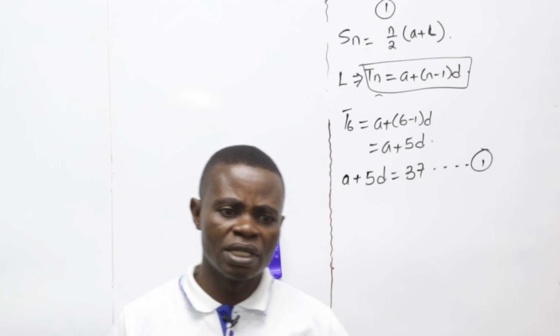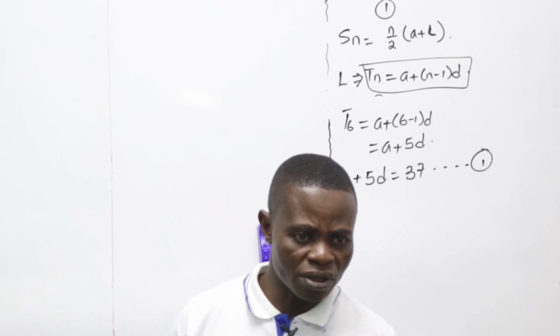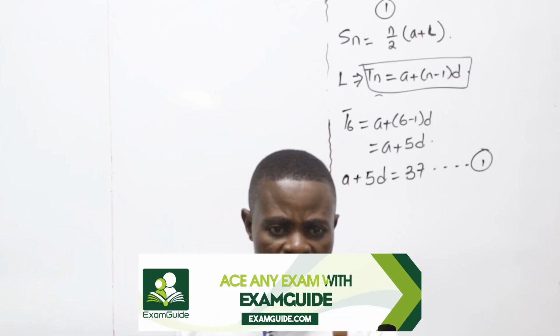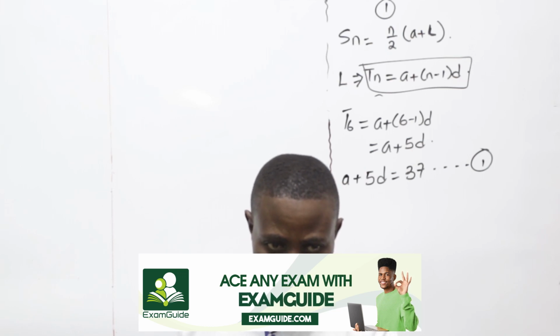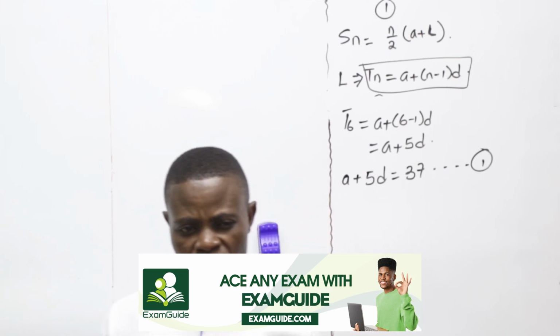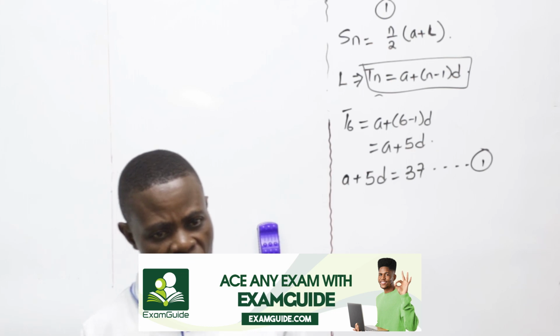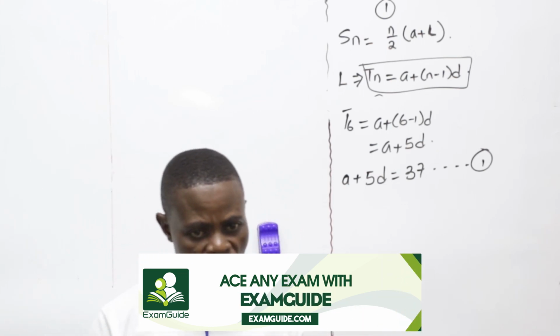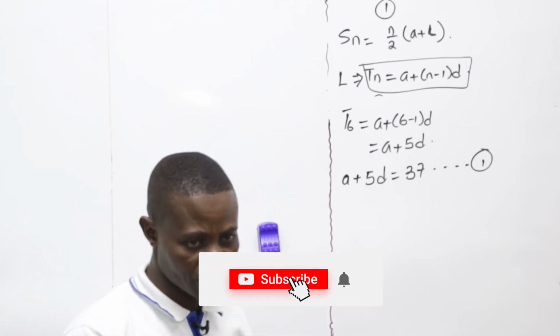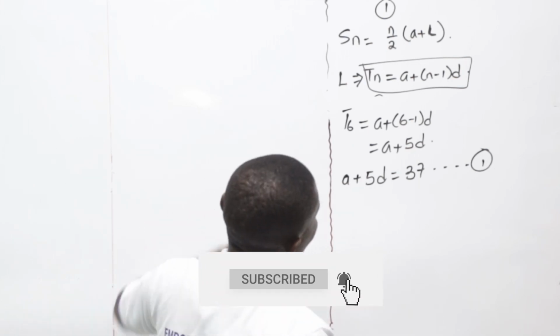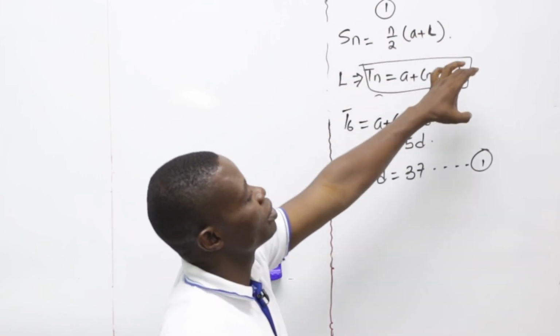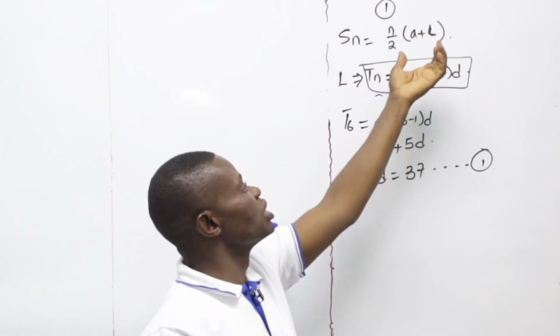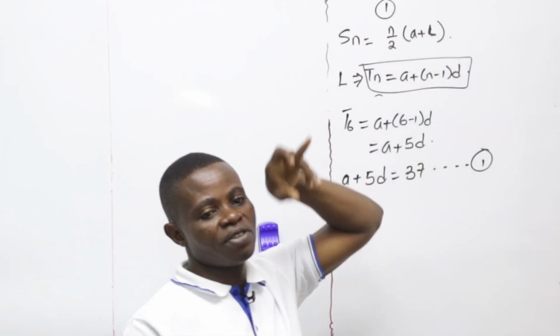Now let us follow the next instruction given to us. The sum of the first 6 terms is 147. Now, recall that sum equals this, but we are not using it because there is no last term given to us.